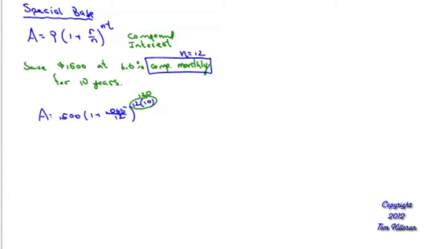I got something else, 2868. 1,500, parentheses, 1 plus 0.065 divided by 12, parentheses, caret 120. Mine said 2868.